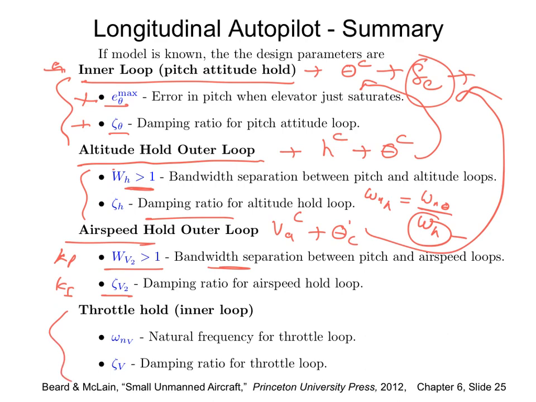This is one inner loop which controls your airspeed using delta T, so you choose this and this to get a Kp and Kd.